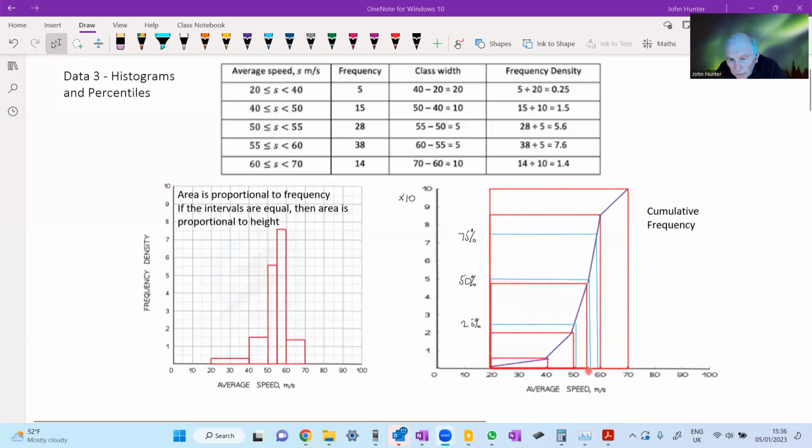Just a bit over 55, 56 maybe. It's that blue line there. What we're saying is that 50% of our sample is below 56 miles per hour, and all this area here corresponds to above 56 miles per hour.